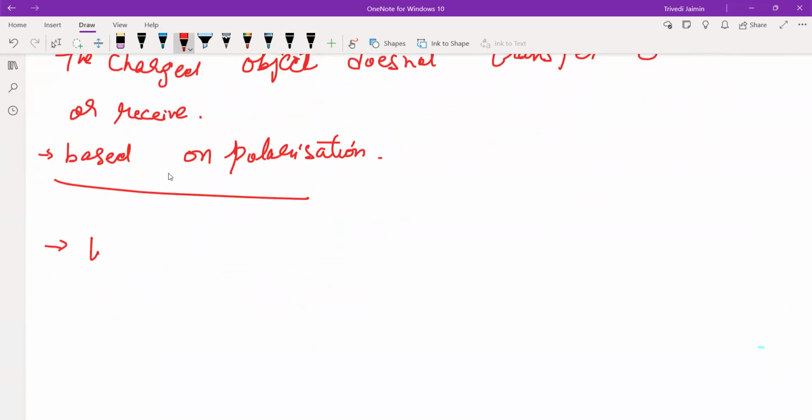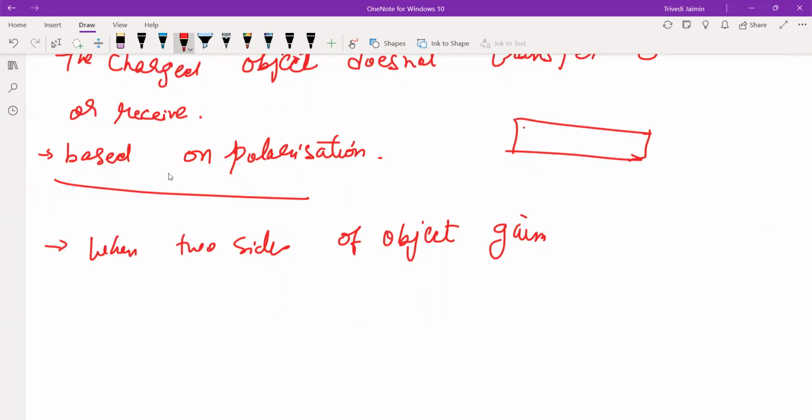Suppose two sides of an object gain some charges, some opposite charges. Then we can say that this object became polarized.